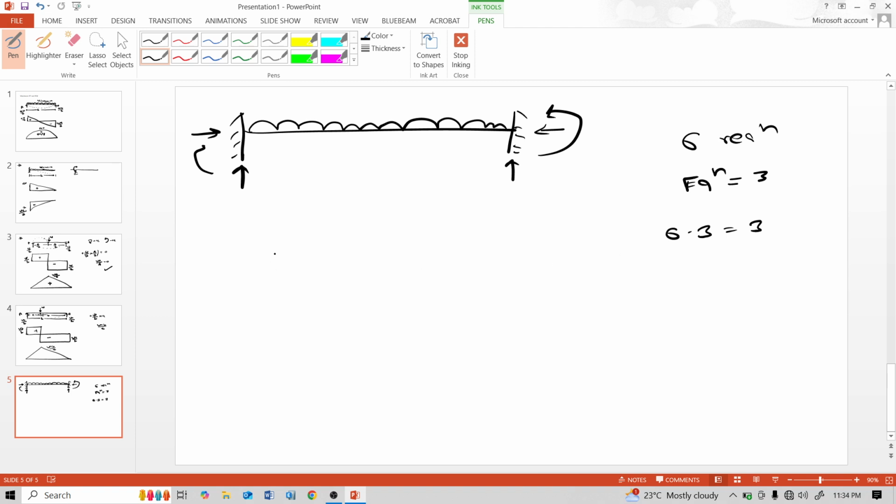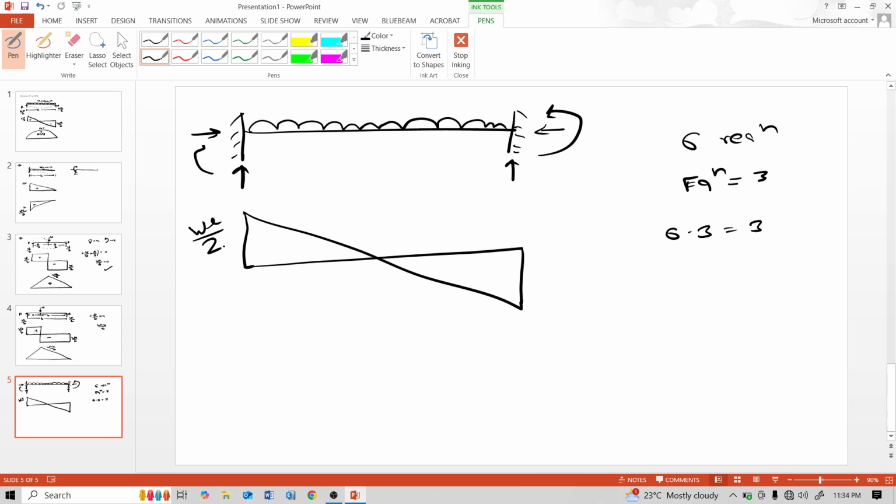And for that, here the shear force is WL by 2, and here also WL by 2.